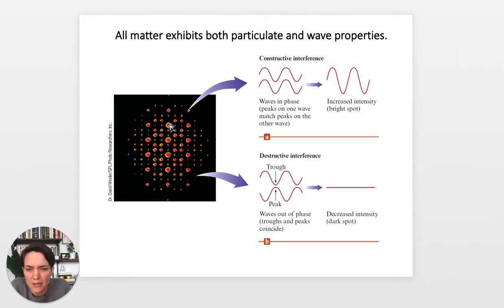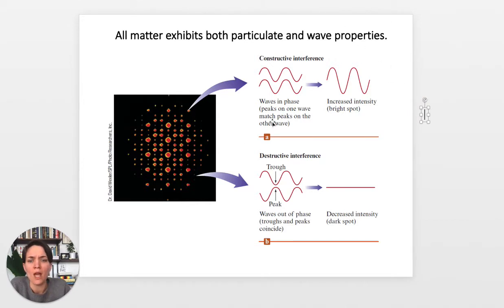In contrast, we have these areas where there is no light, and that would be areas where you have destructive interference. This is where the waves are out of phase. So we call this in phase and out of phase. When they're out of phase, they essentially cancel each other out.